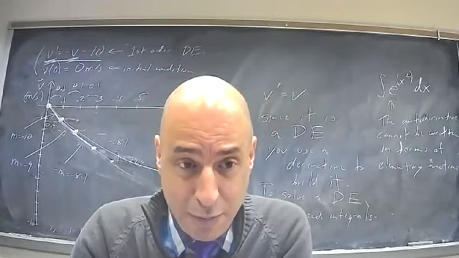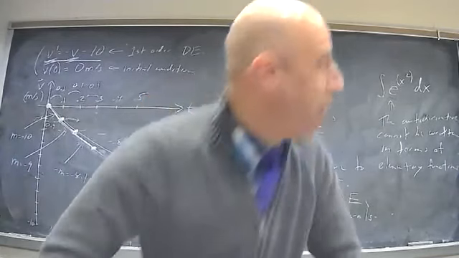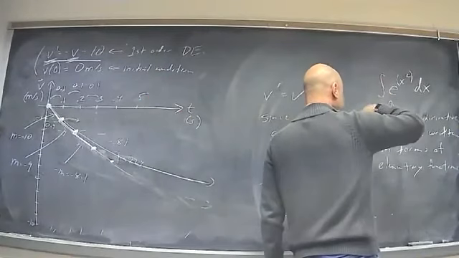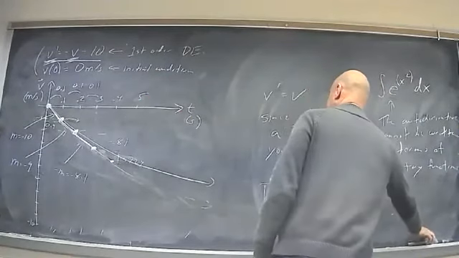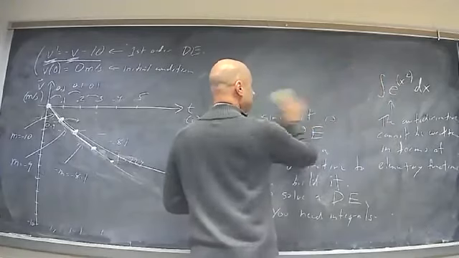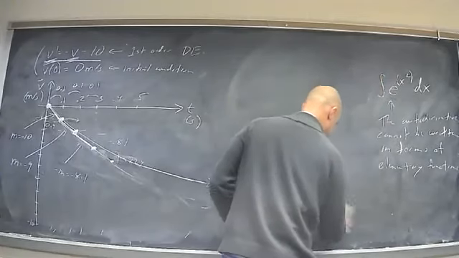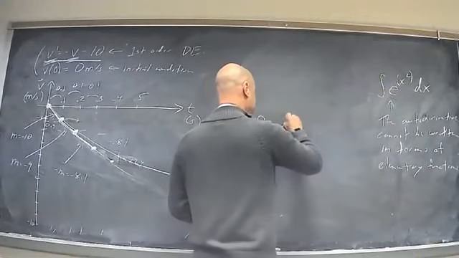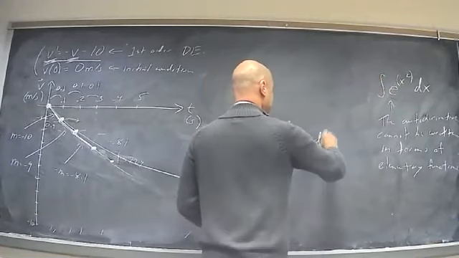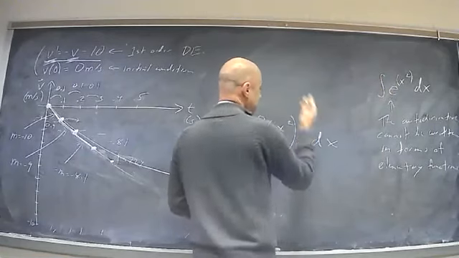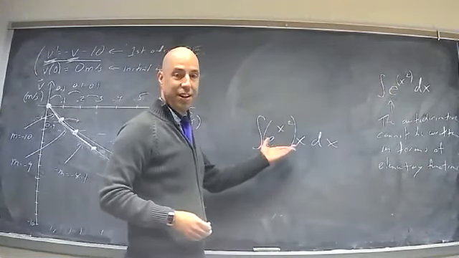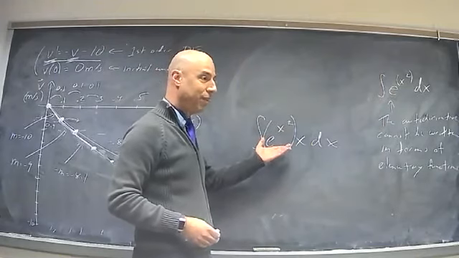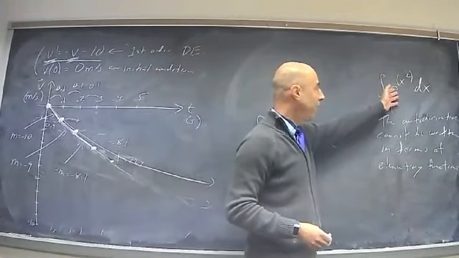But if you start putting these things together in any complicated way, like e to the x squared, there's no way to write down the antiderivative in terms of anything you would recognize. If I wanted the antiderivative of e to the x squared times x, that's easy. That's just a u substitution problem. This one is not only hard, it's impossible.